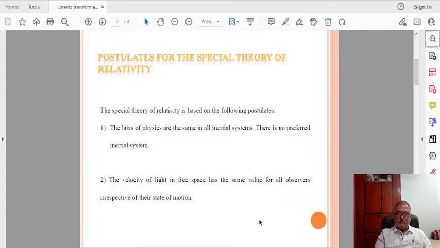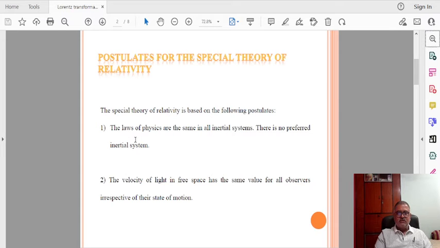See, in the special theory of relativity, there are two important postulates, and this special theory of relativity is based on these two postulates.